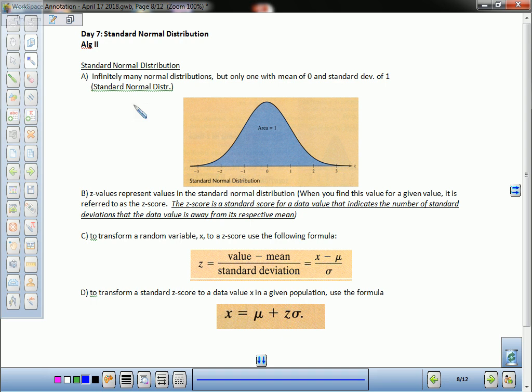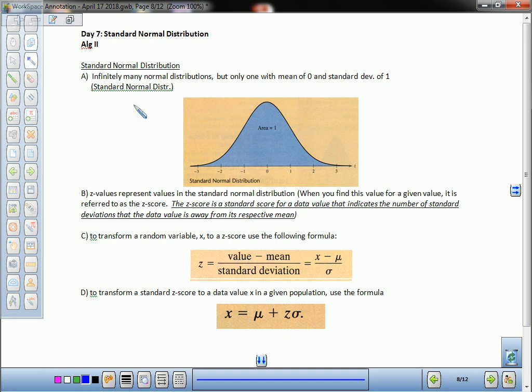So we're taking our data and we're shifting it so that it all has a mean of 0. And then we're taking all those funky shapes for our curves and we're performing an operation on them, division right here, which forces them to all have a standard deviation of 1. So this forced the mean to 0.